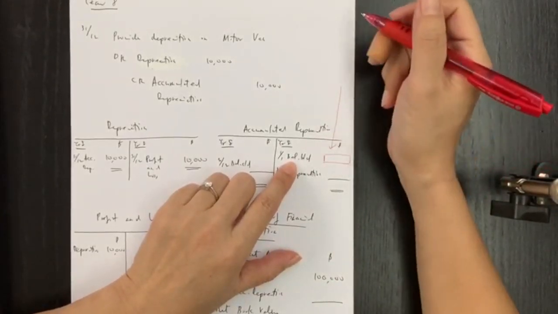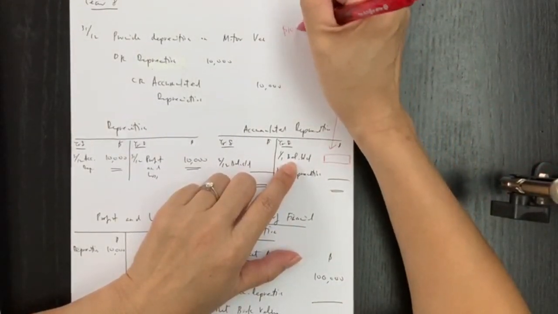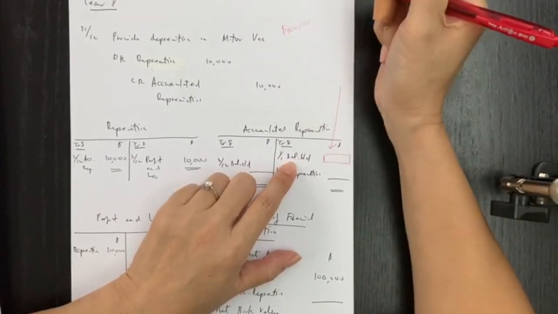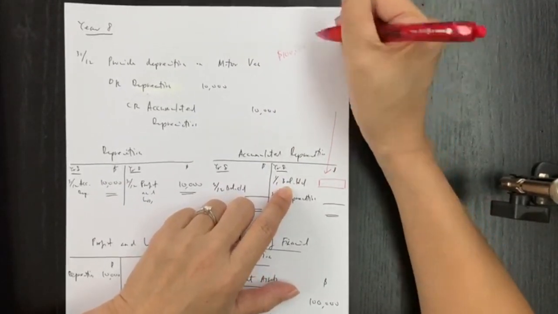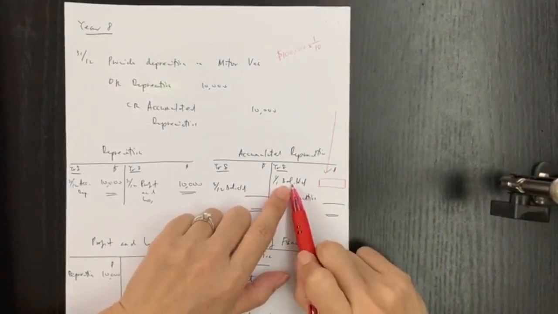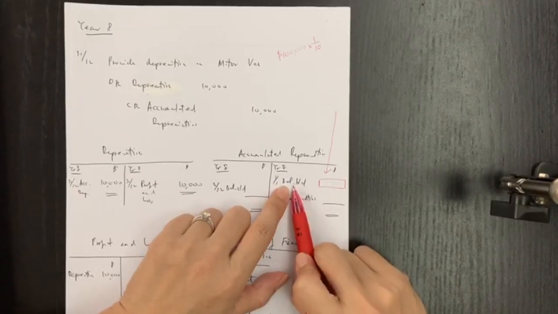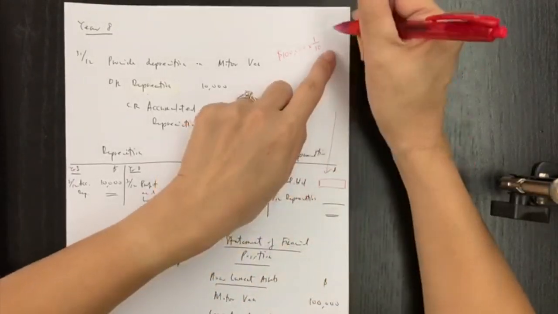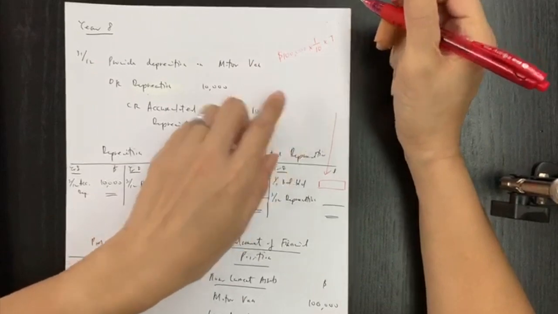So remember, how much is the cost? The cost is 100,000. Is that right? And each year the value goes down by 1/10. Okay, and this is the beginning of year 8, which is the same as the closing of year 7. So that means we have used this for 7 years.